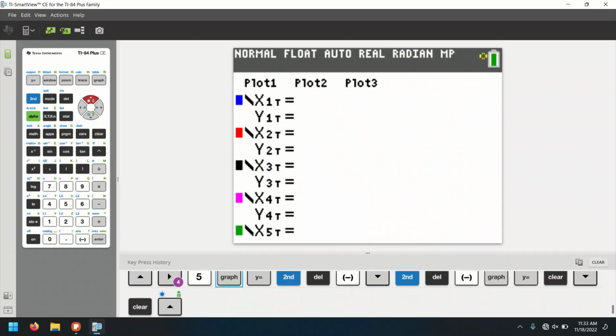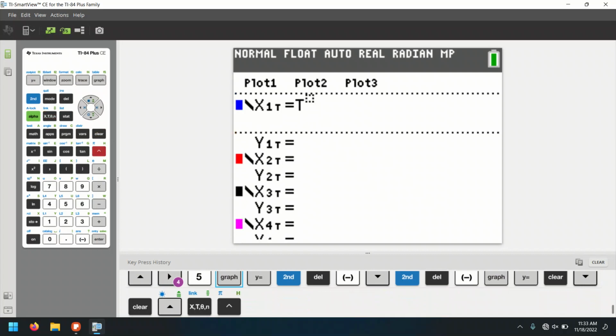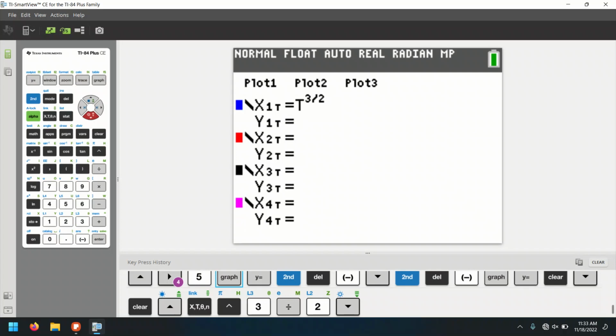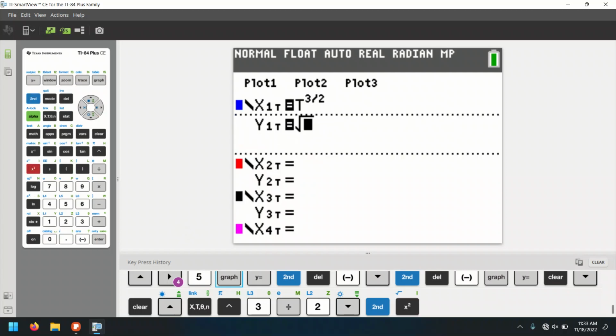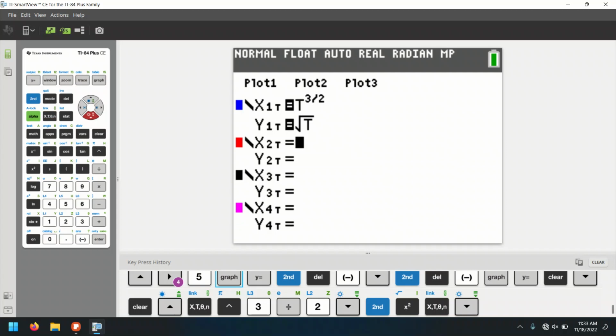That's t raised to the 3/2 for the x equation, and we also have the square root of t for y. Okay, so again, make sure not to blink.